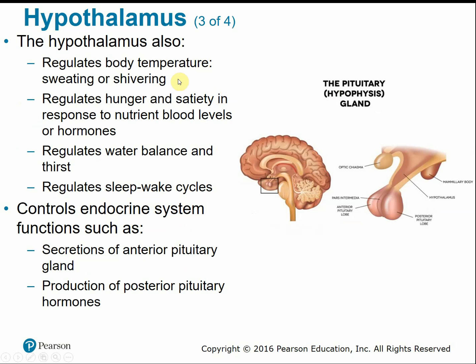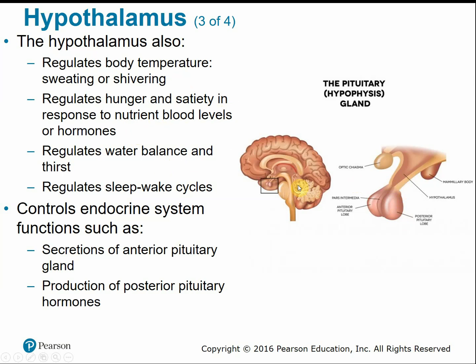It can also help regulate body temperature. The hypothalamus is the thermostat of the body. It can send those signals for sweating or shivering. It also helps to regulate hunger in response to different blood levels of hormones. It helps to monitor and regulate those digestive hormones. It regulates water balance and thirst. The thirst center in the brain is in the hypothalamus when your body needs more water.